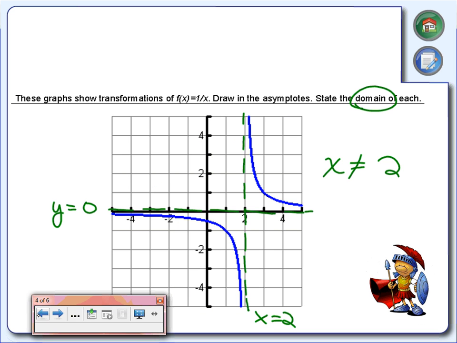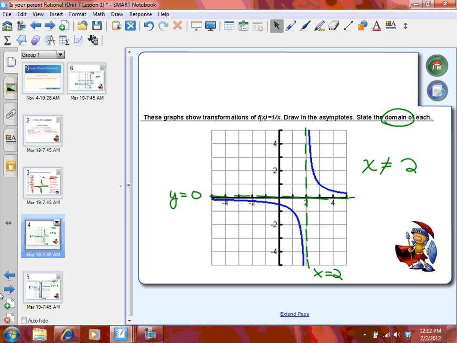Let's check that first one. Notice what our domain was. Notice what our vertical asymptote is. So you can tell what your domain is. You can tell what number we're not going to include by simply looking at your vertical asymptote. That's all you've got to do to find your domain. All right, so that takes us through the parent function.